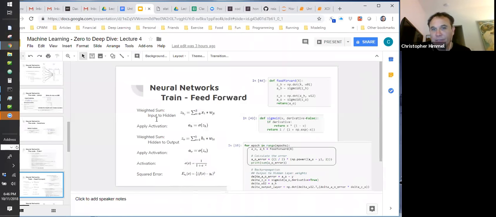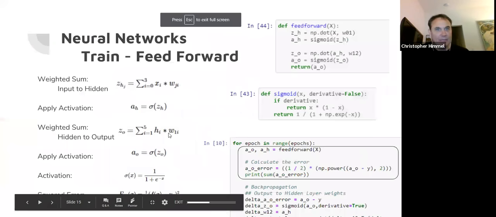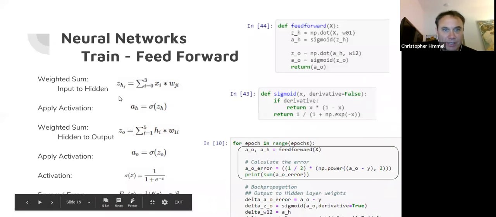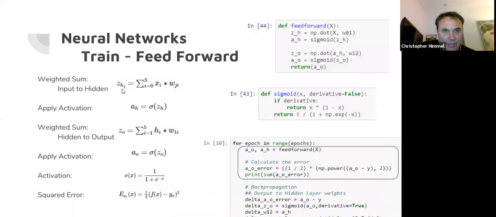Here on the left is all the math associated with feeding forward through our network. Something you've got to keep in mind is that we have 4 values for x, for x1 and x2.